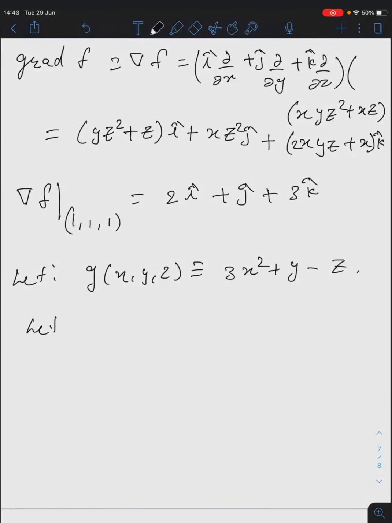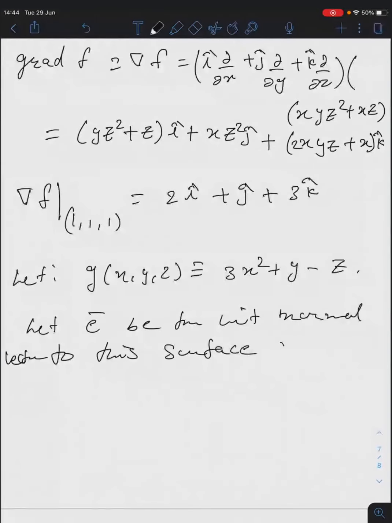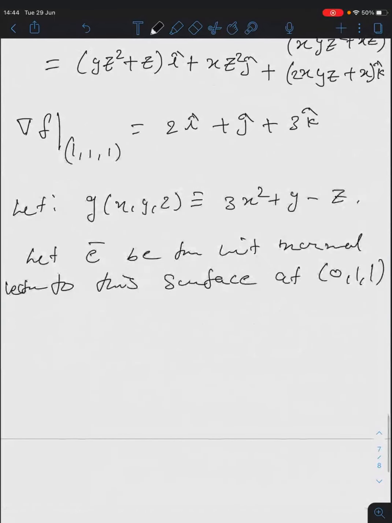Okay, so let e bar be the unit normal vector to this surface at 0, 1, 1. The unit normal vector is given by gradient of g divided by mod of gradient of g.